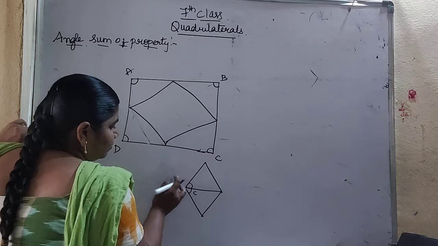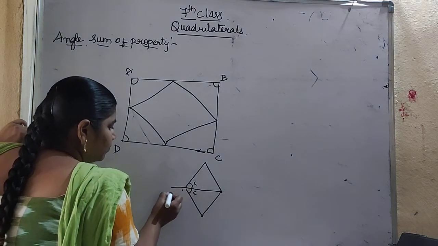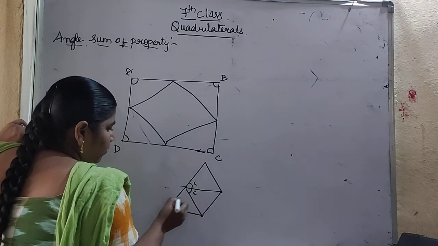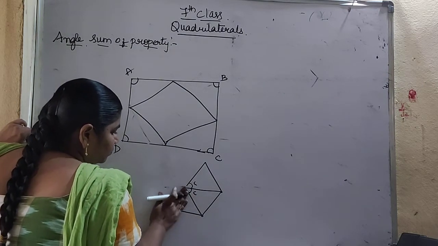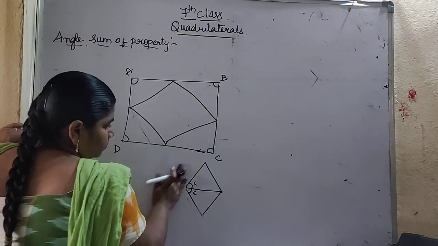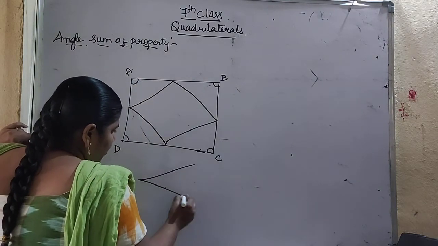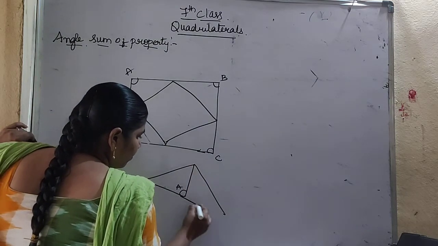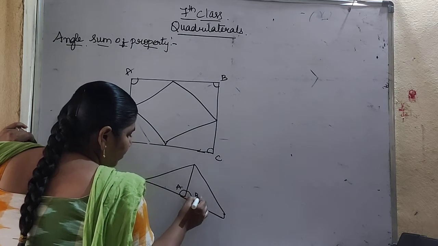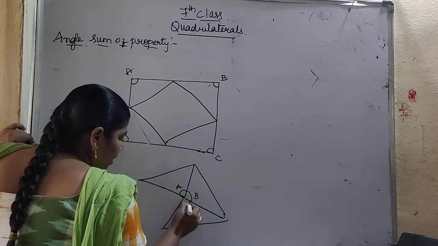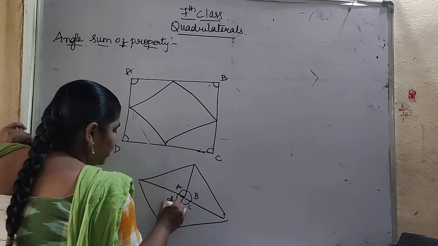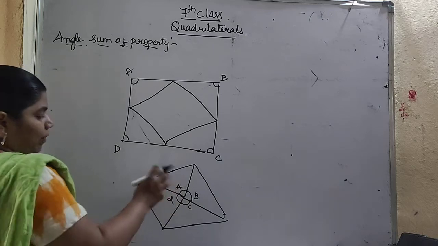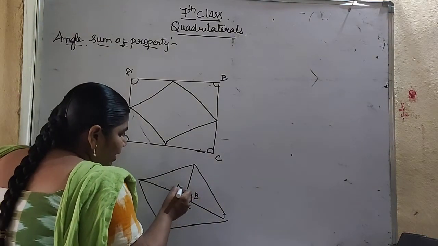This is angle C. So first, this is angle A. This is angle B, angle C, and this is angle D. If you arrange all these angles at one place, it forms one circle.